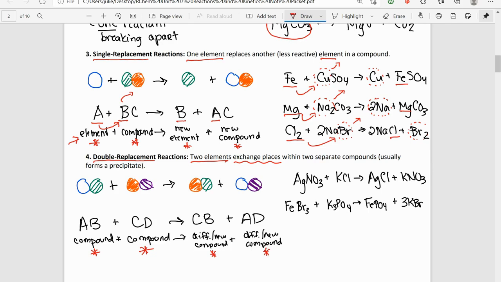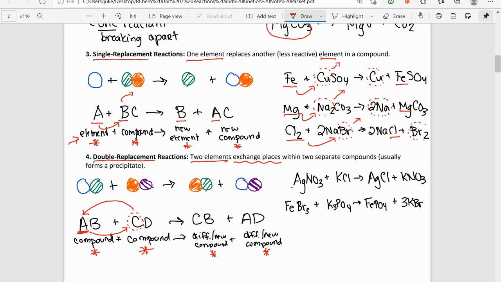Take a look at how A, which was with B, but now is with D, comes in and replaces C. A replaces C, but instead of C getting kicked out by itself, it comes back to replace A. So both of them switch partners. That's the double replacement part.